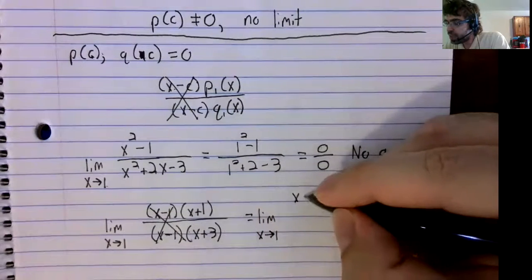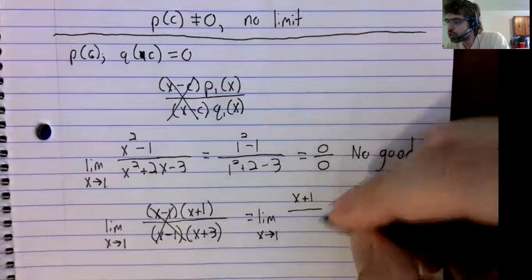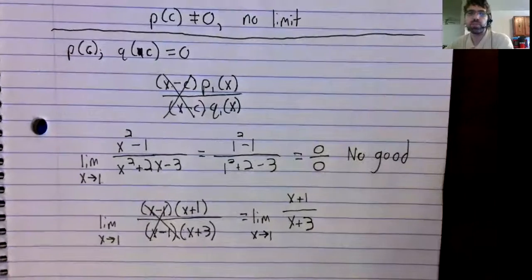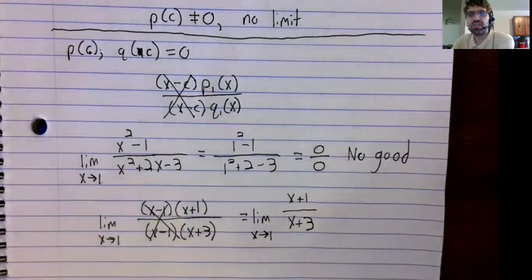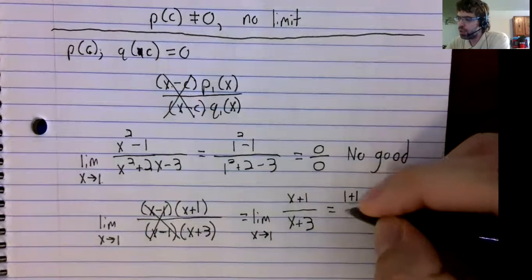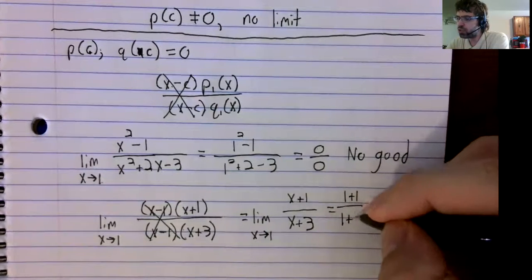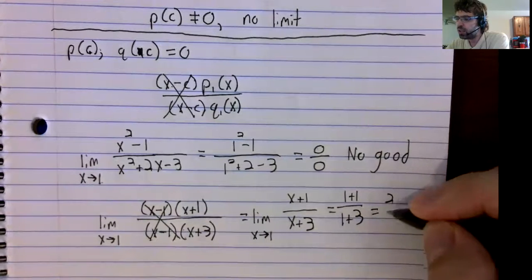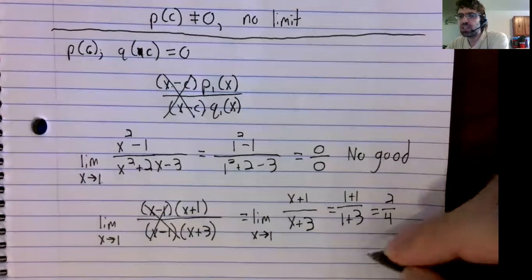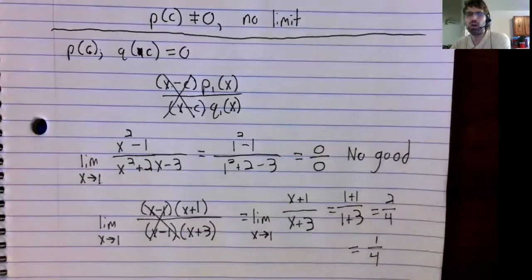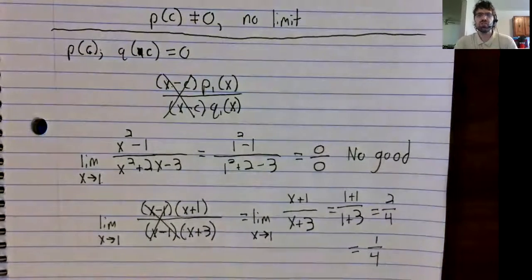We have a limit of a rational expression unless it gives us a division by 0 error. We ought to be able to just put that one right in, and now it doesn't give us a division by 0 error, and so we have computed the limit.